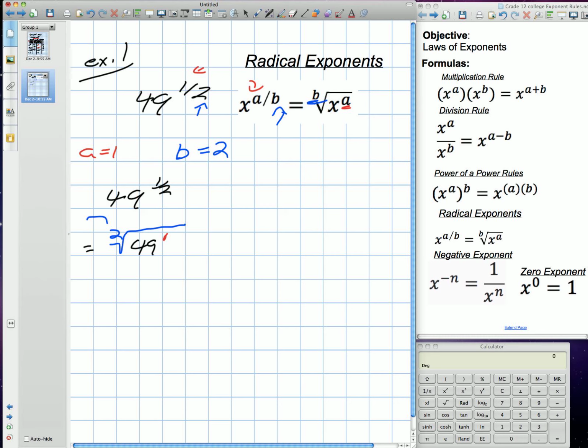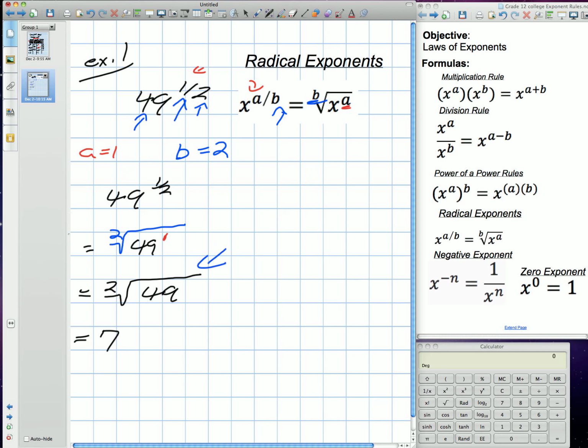So what is 49 to the power of 1? 49. So we have the second root of 49. What number times itself is equal to 49? Bronson? 7, that's right. So our very first one, when they asked us for 49 to the exponent of a half, they were looking for the square root of 49, which is the number 7.